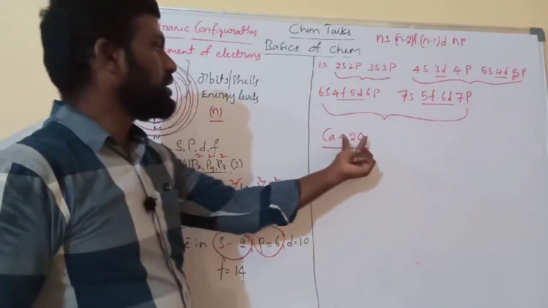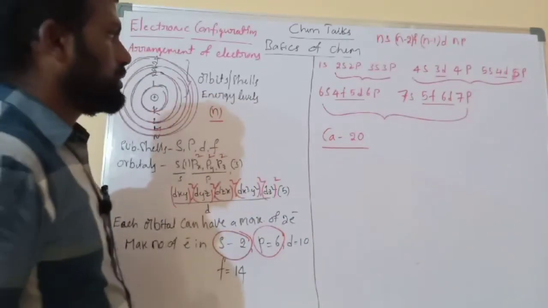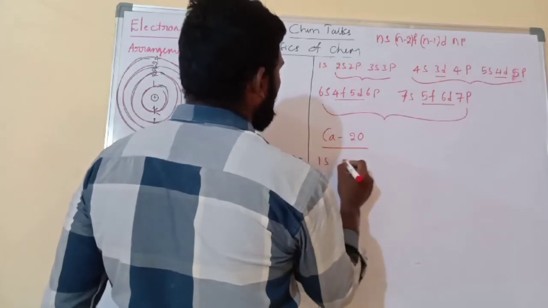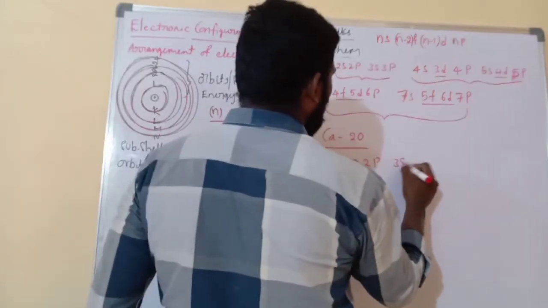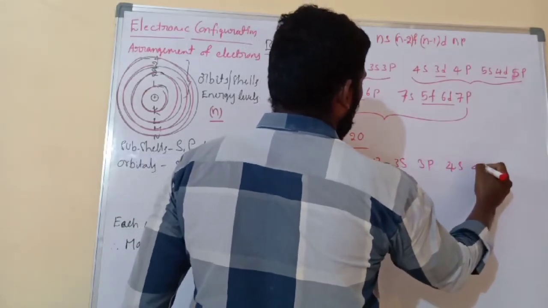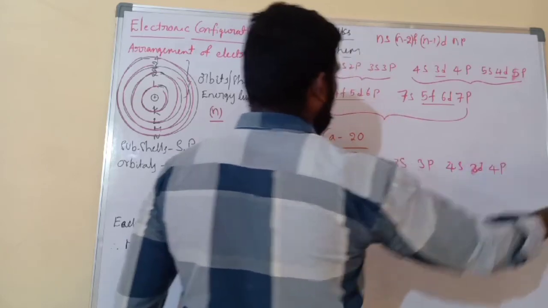Now we have to arrange these 20 electrons in a systematic manner. First let us try to write this sequence: 1s, 2s, 2p, 3s, 3p, 4s, 3d, 4p, and so on.